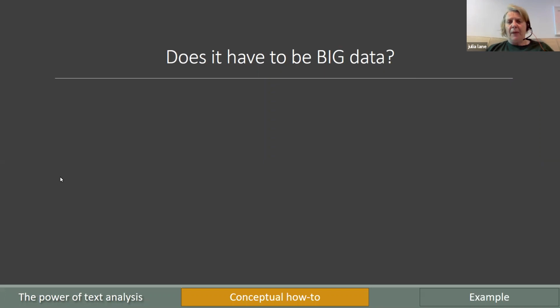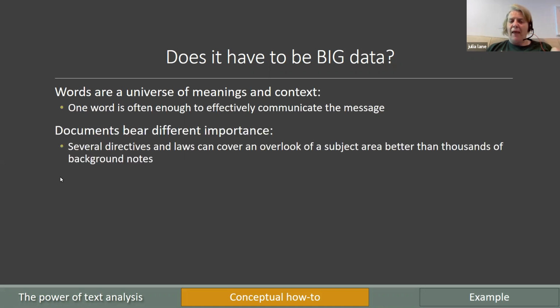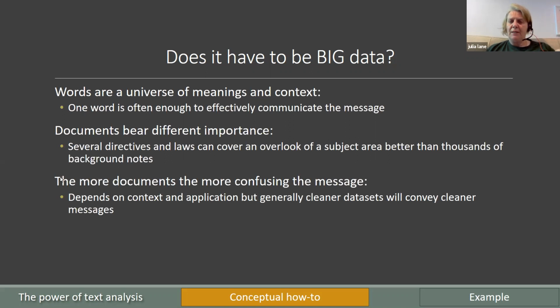One thing to be careful about, even though this is a big data class or a data science class, we are better off having a carefully curated set of documents that are more homogeneous than billions and billions of documents.